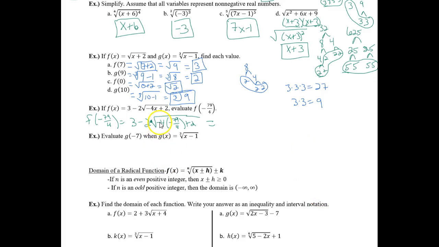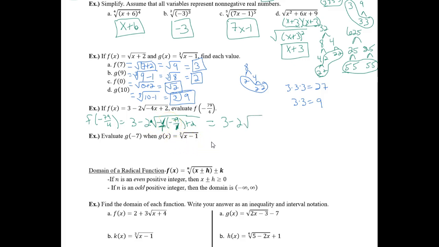So underneath the square root, I see I have negative 4 times negative 79 fourths. I'm going to make that whole number into a fraction, and we actually see that the 4's divide out. 4 divided by 4 is 1. Also, underneath we have a negative times a negative. That's going to give us a positive.